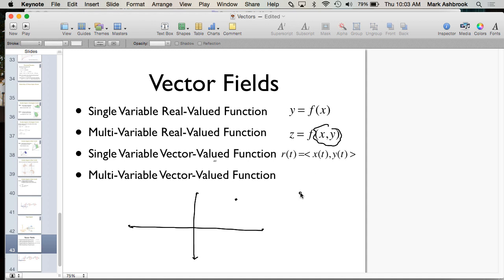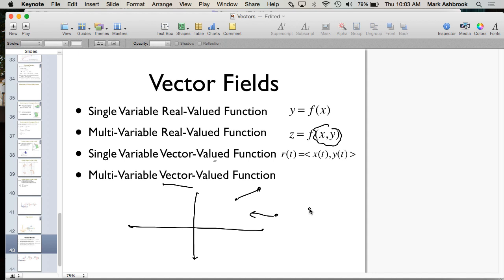What kind? A vector, right? It's a vector valued function. Given a location in the plane, the result of this function will be a particular vector. Given another location in the plane, depending on the function, we'll get a vector. So what we have is a field of vectors. Your location determines what vector you have at that location.